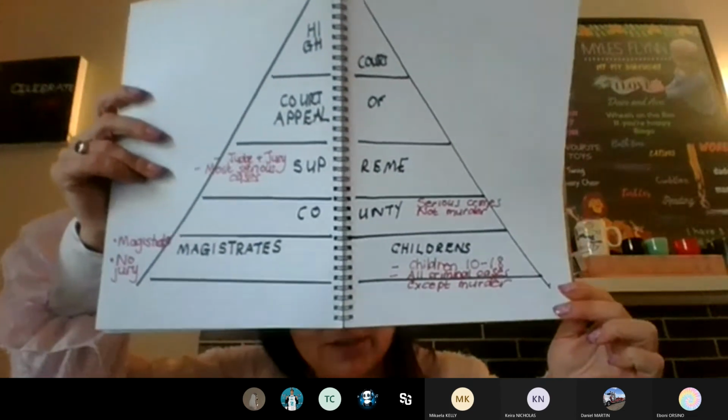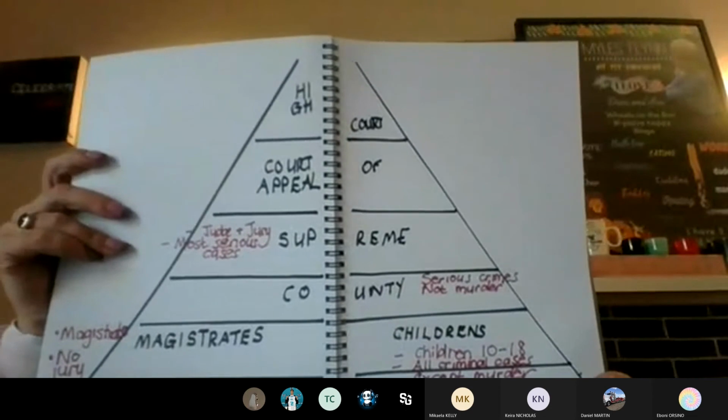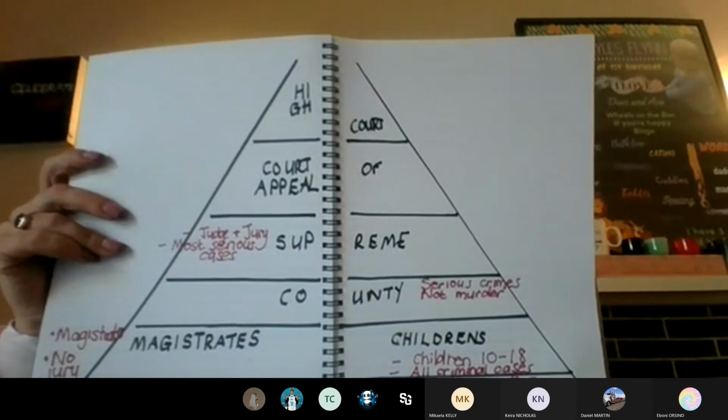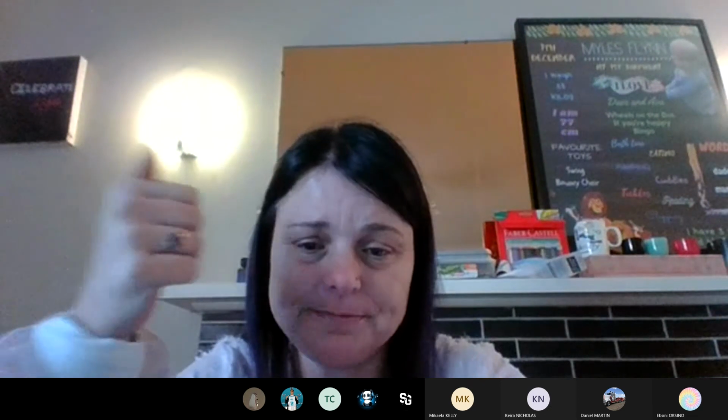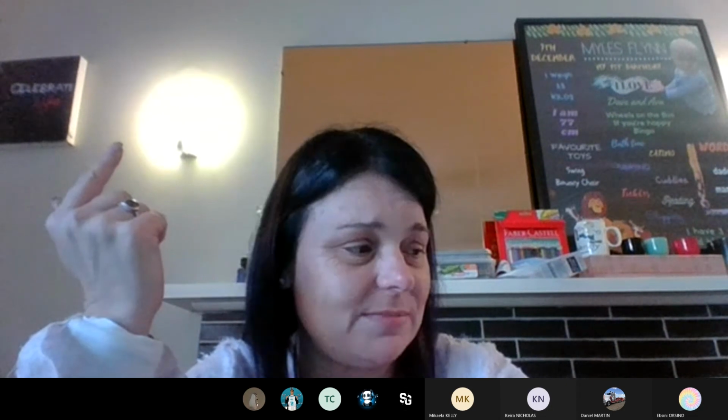Now, when you finish this, because it's on paper, I want you to take a photo, and you're going to upload the photo onto Compass. So to do that, take a mobile phone, snap a picture. You can email the picture to yourself, and then just open the picture on your device. The other way to do it is if you have Teams on your mobile phone, upload it to Teams.